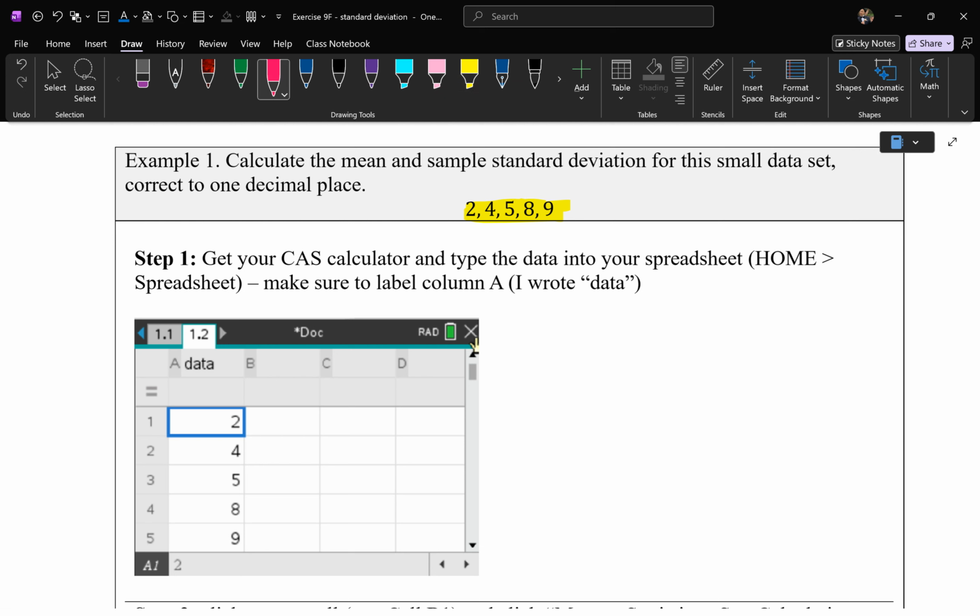Like last session, you are going to go to your CAS and type the data in the spreadsheet. So number 1, open a spreadsheet on your CAS. Enter the numbers 2, 4, 5, 8, 9 in column A. Call column A data.